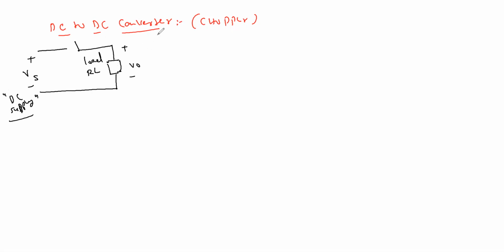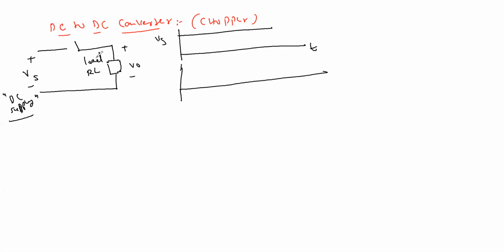When you close the switch here now, that is the on period, the turn on period. This is VS, complete DC. So during the on period, or 0 to turn on time, the switch is closed. The switch is nothing but some SCR or some device, and you are making the switching speed very high.